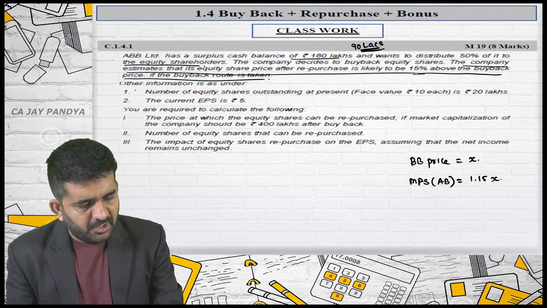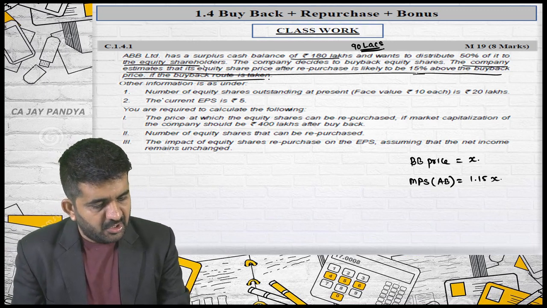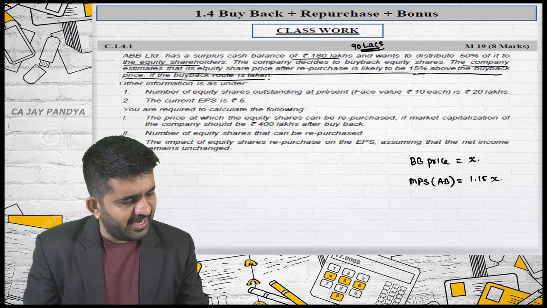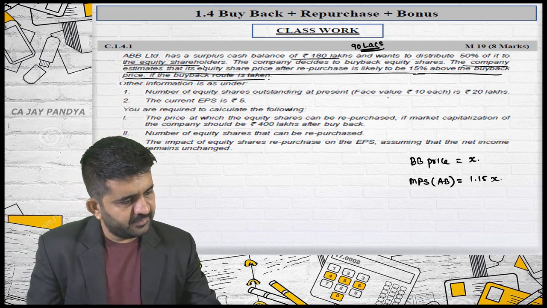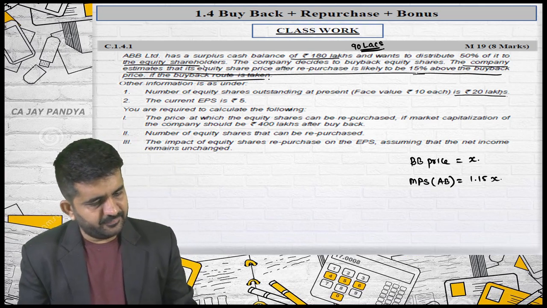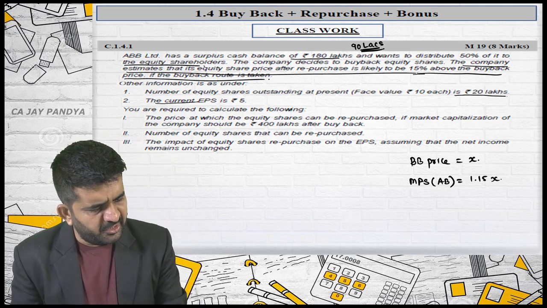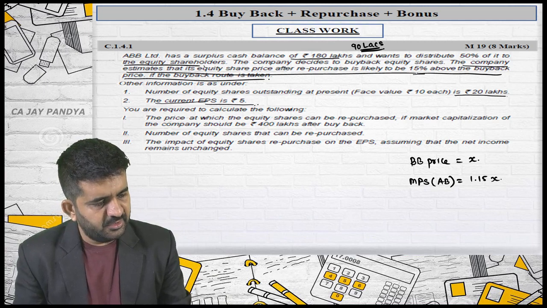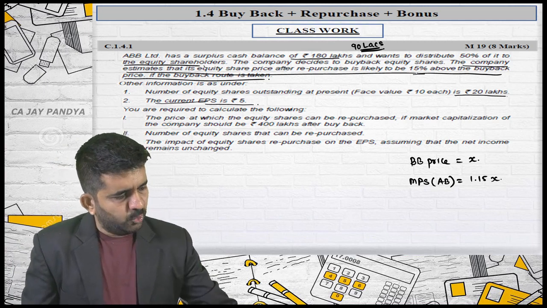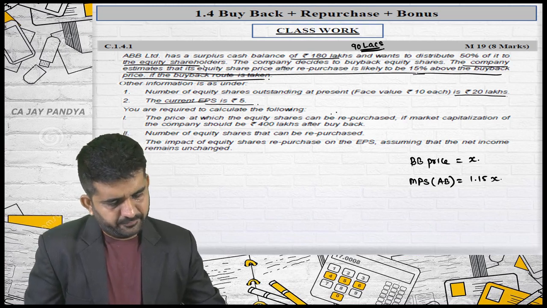Other information is as under. The number of equity shares outstanding at present is 20 lakhs. Current earning per share is rupees 5. Total earning I can easily find out.